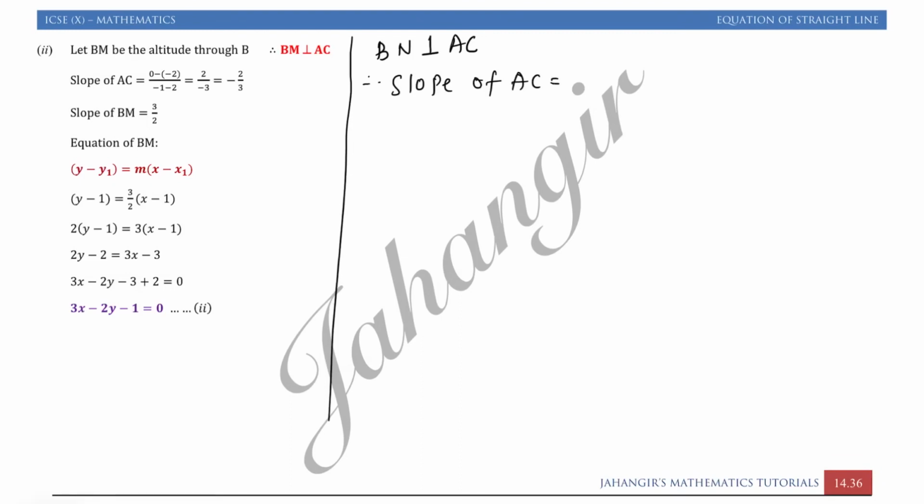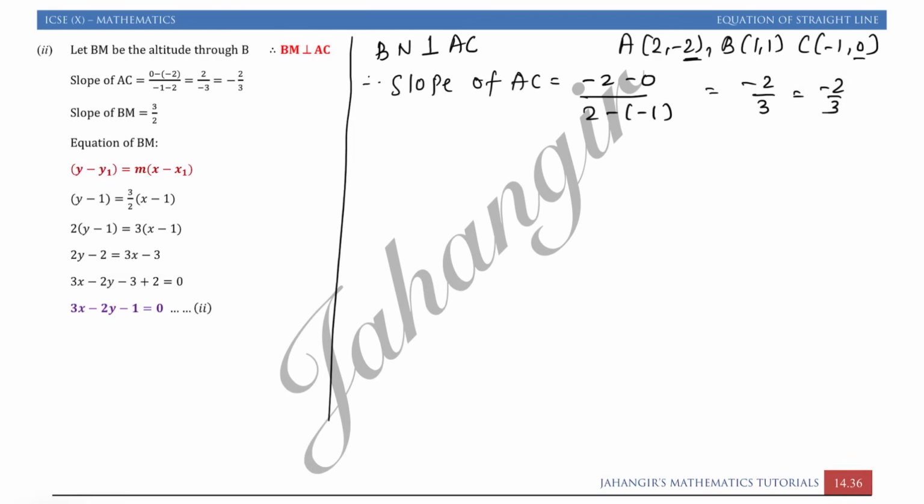Let me write all coordinates A, B, C का. A का coordinate is 2 comma minus 2, B coordinate is 1 comma 1 and C coordinate is minus 1 comma 0. First we will find slope of AC, that is y2 minus y1, minus 2 minus 0 upon 2 minus of minus 1, that is minus 2 by 3.